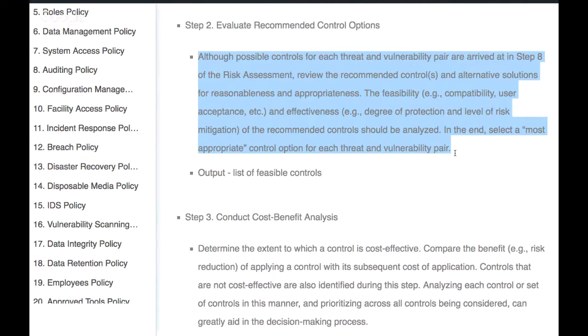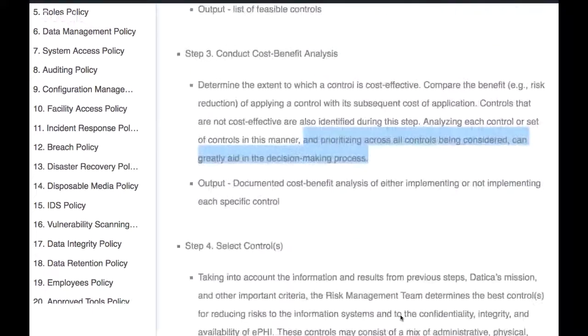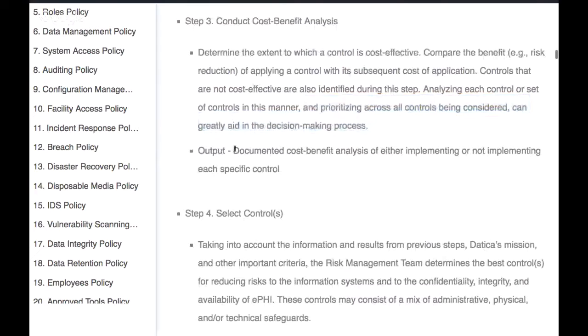Controls that are not cost-effective are also identified during this step. Analyzing each control or set of controls in this manner and prioritizing across all controls being considered can greatly aid in the decision-making process. So the output of cost-benefit analysis is a documented cost-benefit analysis of either implementing or not implementing each specific control.